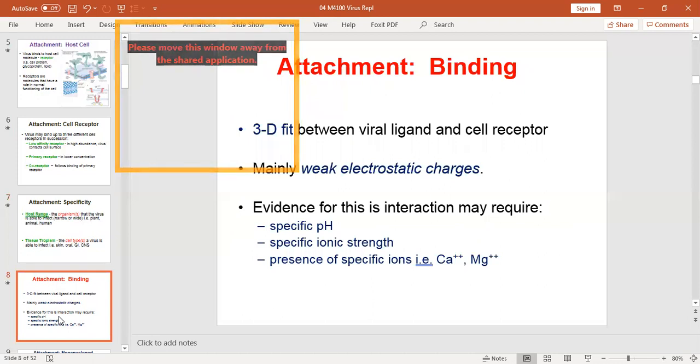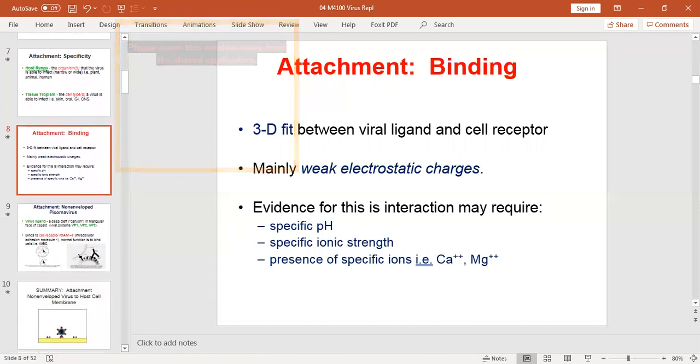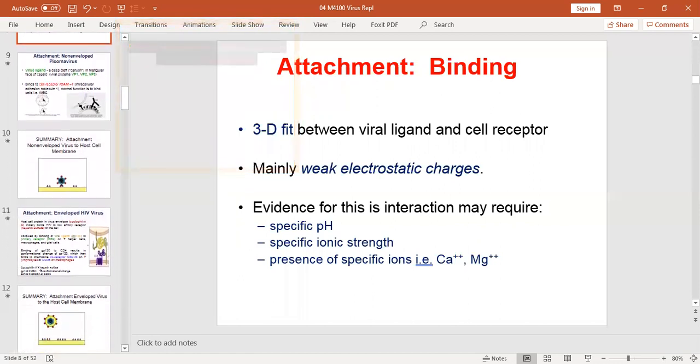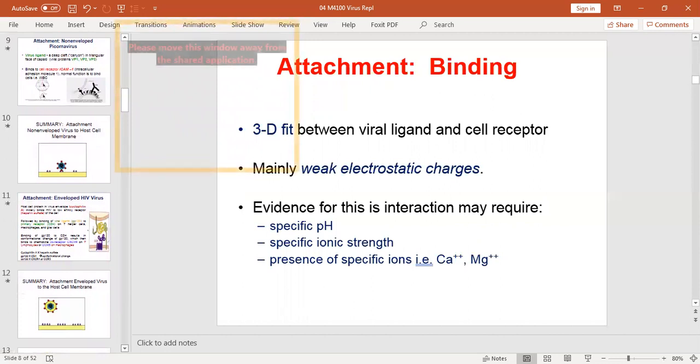Slide number 8 talks about another aspect of attachment, which is the binding itself. The interaction between viral ligand and host cell receptor follows basically a 3-dimensional fit, and it's usually accomplished by weak electrostatic charges.